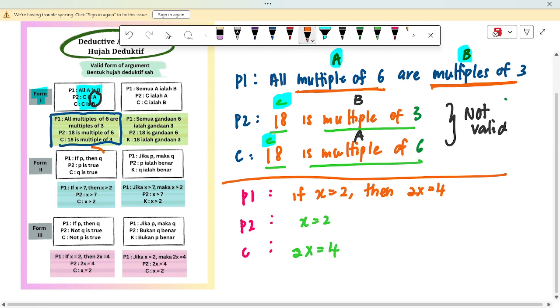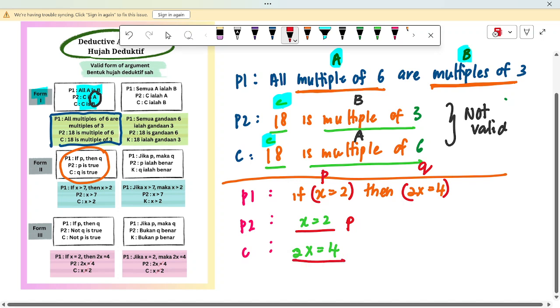So if you notice from this part, if P, then Q. So this is your P and this is your Q. So can you see this is your P and this is your Q? We have followed the sequence of P and Q. So this is considered valid as well, following your second form.